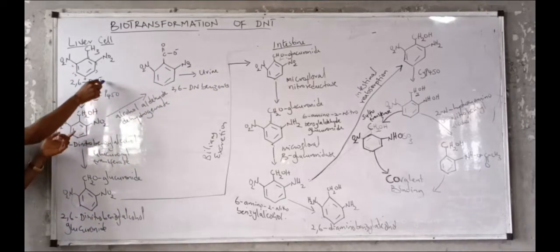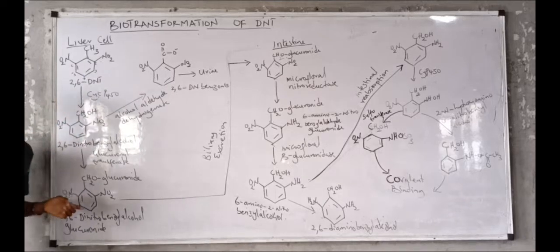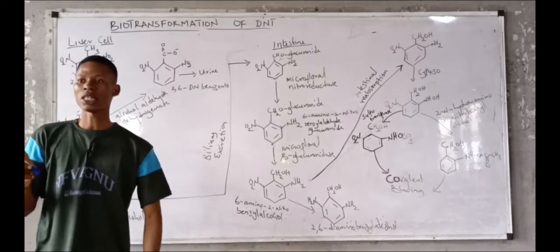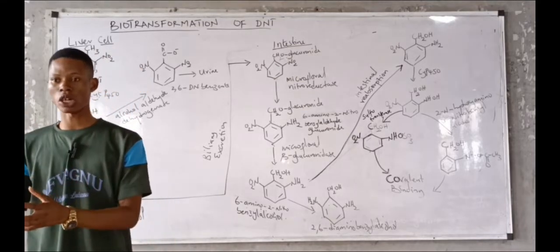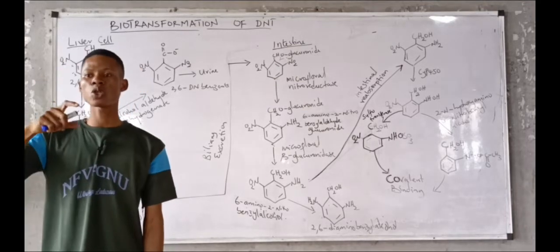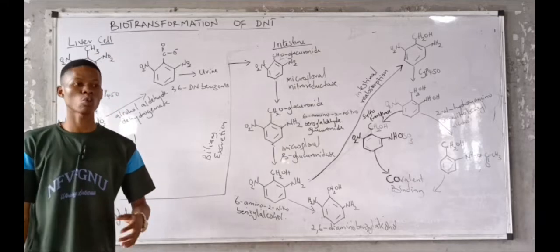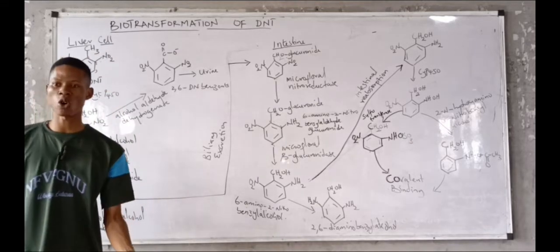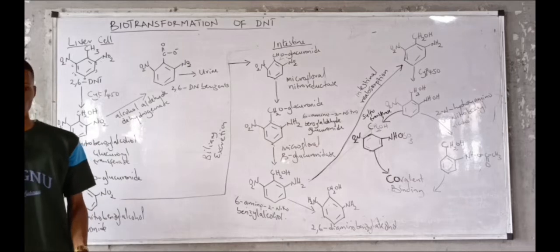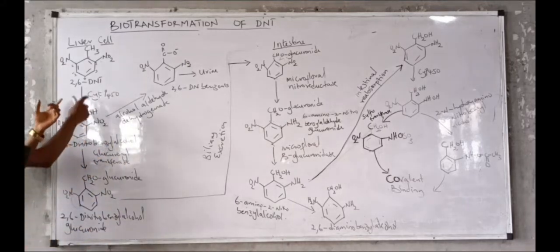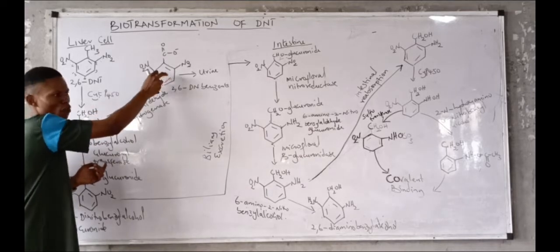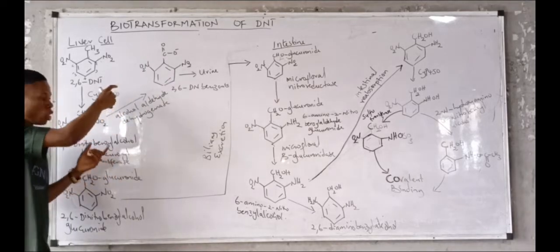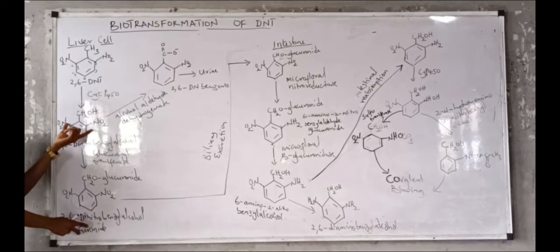So after it undergoes hydroxylation, remember, the purpose of phase 1 reaction is either to add the functional group or to expose an already existing functional group, right? Also, the purpose of phase 1 is either to make it more soluble so that it can be excreted, or to prepare it for phase 2 reaction. So in this case, after forming this, it can follow another phase 1 reaction and be excreted, or it is prepared for a phase 2 reaction.